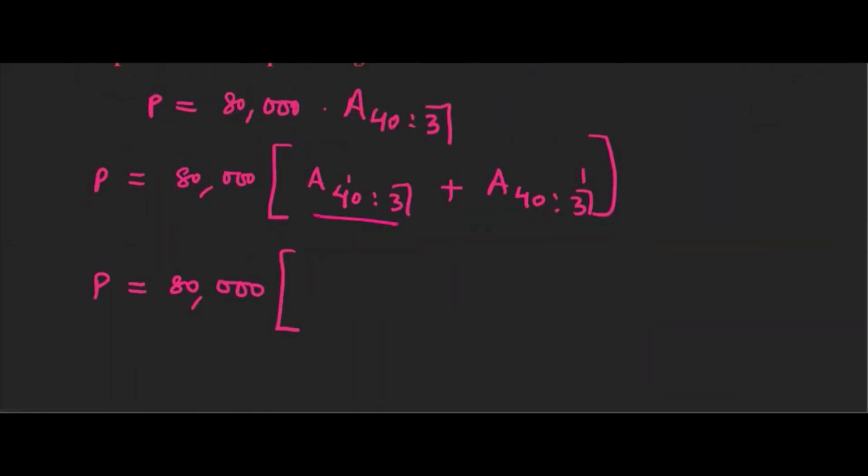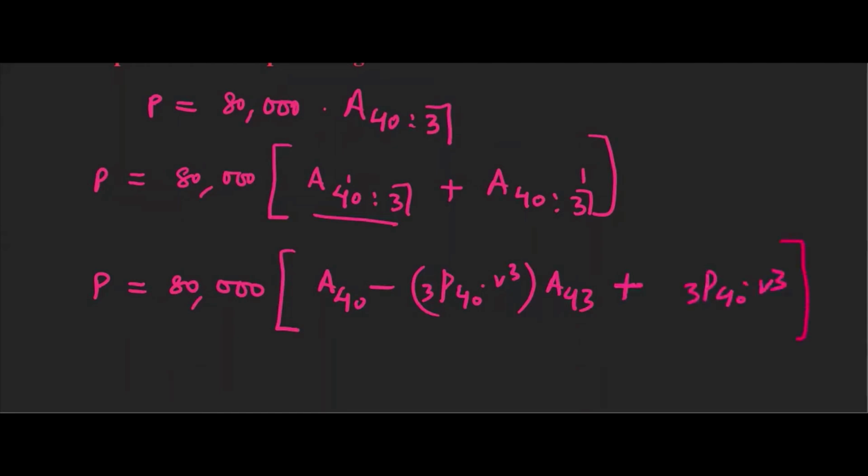So let me write it here, A40 minus P43 V3 A43, okay. So all these things you can get in the table, plus there is a direct formula for this one, P43 V3. So you can find everything from the table, and this will be your final answer, okay.